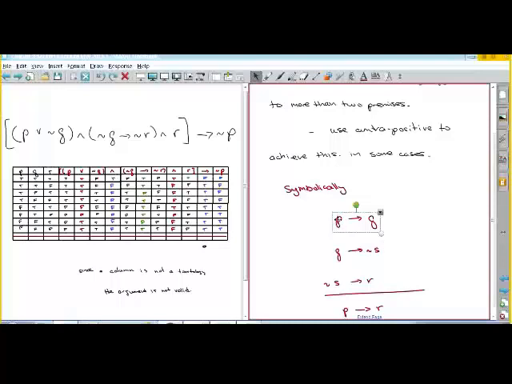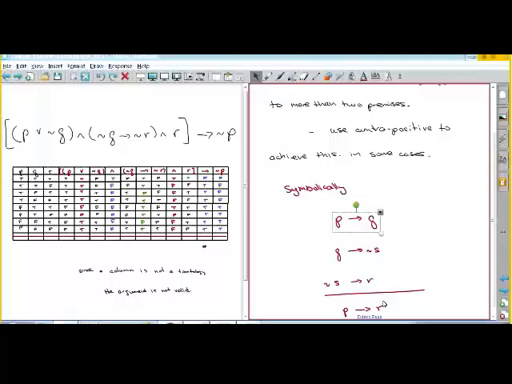It's like if A equals B and B equals C and C equals D, then A equals D. That's the transitive property of mathematics. Therefore, your conclusion is you can take the first statement in the first if-then statement and the last statement in the last if-then statement and connect those directly. So if P, then R.